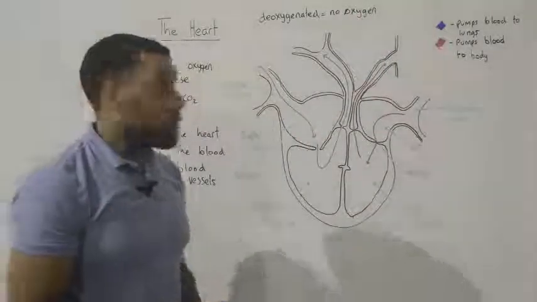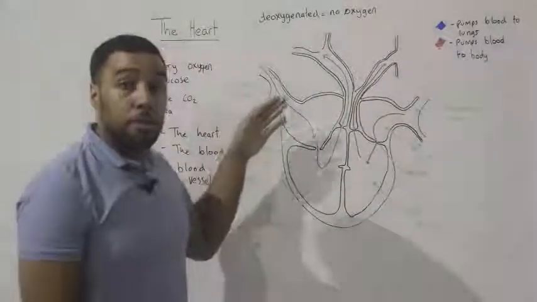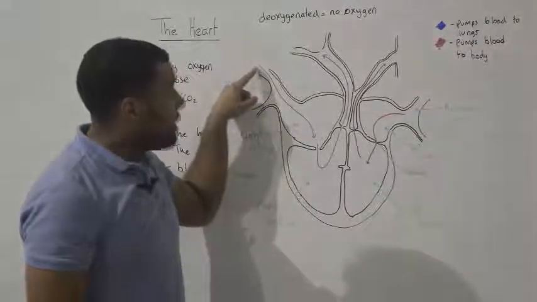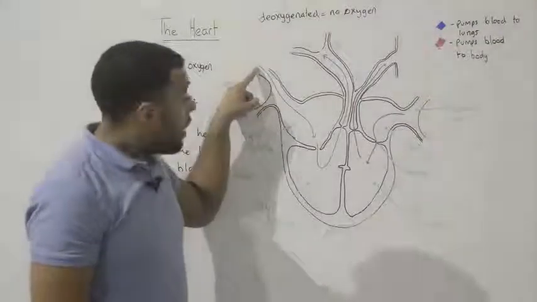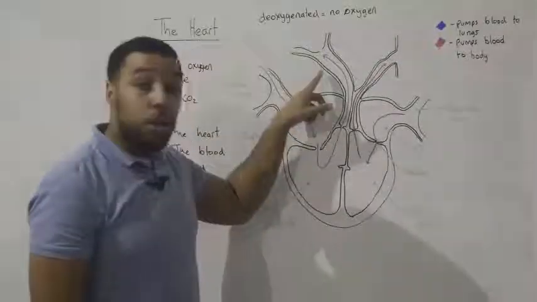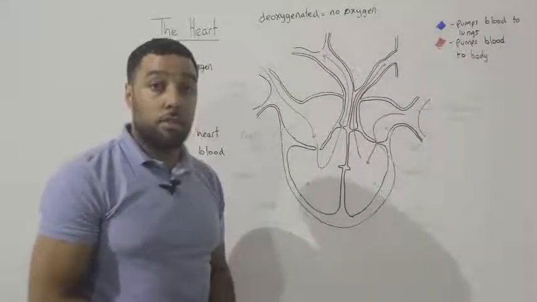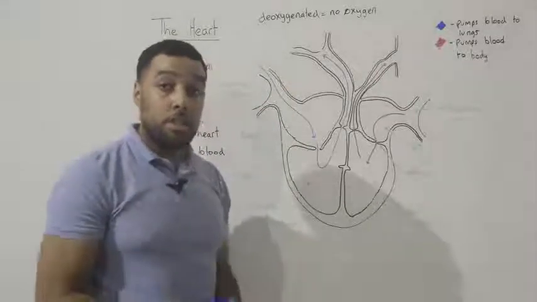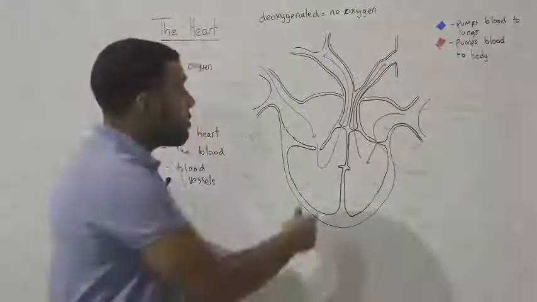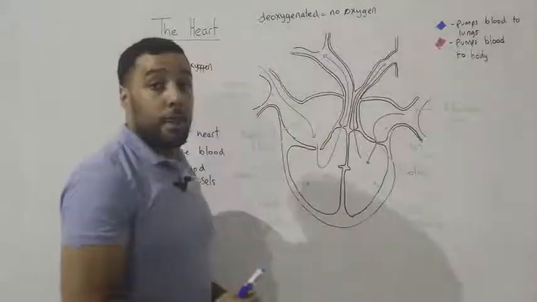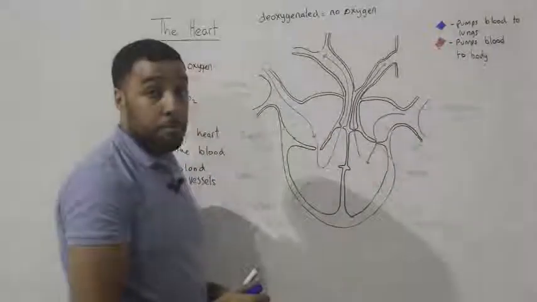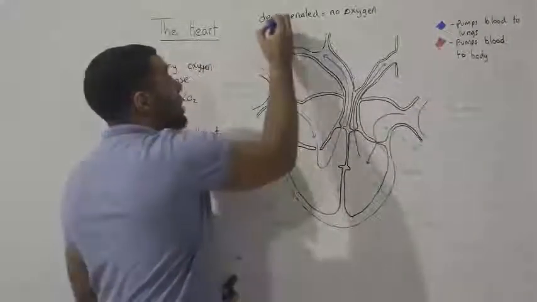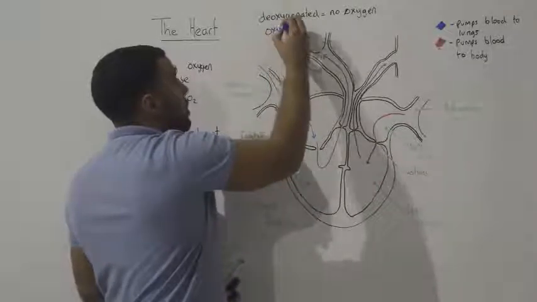The purpose of one half of our circulatory system is to pump that deoxygenated blood from the body to the lungs to collect oxygen. That oxygenated blood is then returned to the heart, where it's pumped by the second half of our heart around the body. And this time the blood is oxygenated.